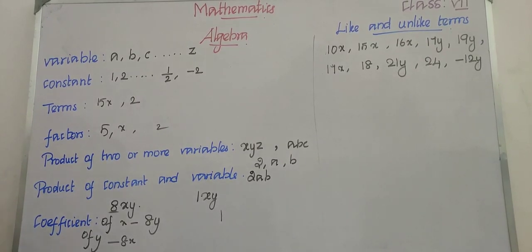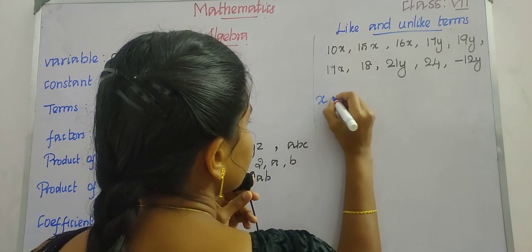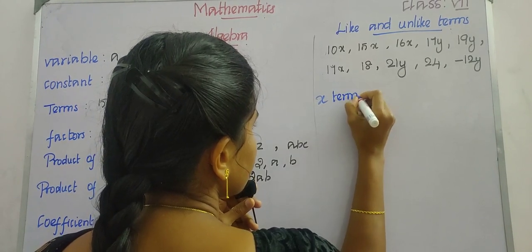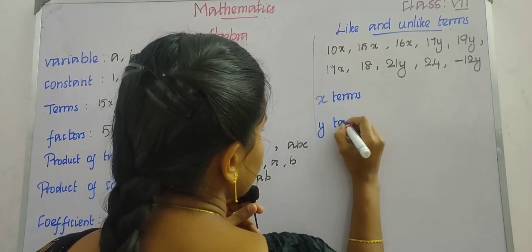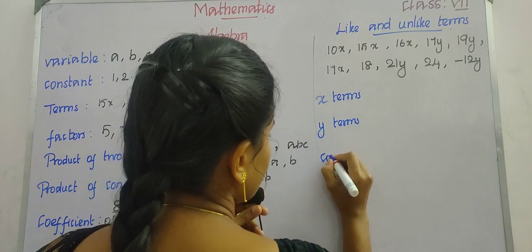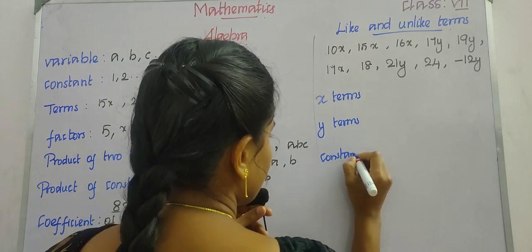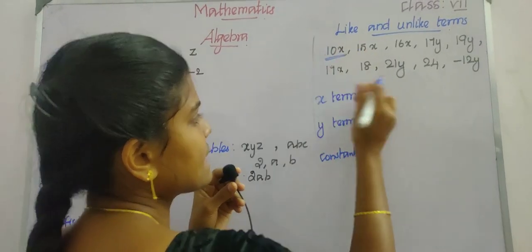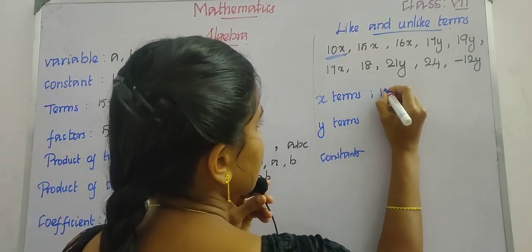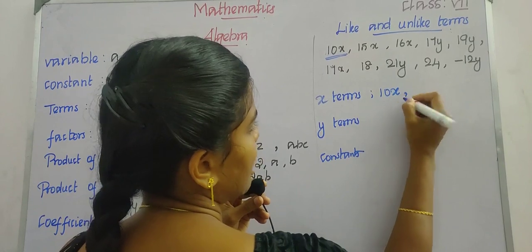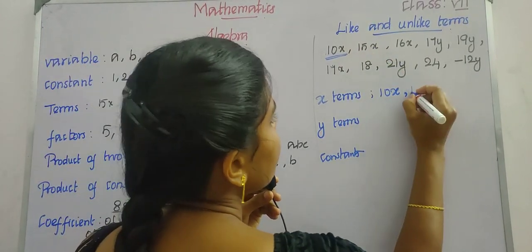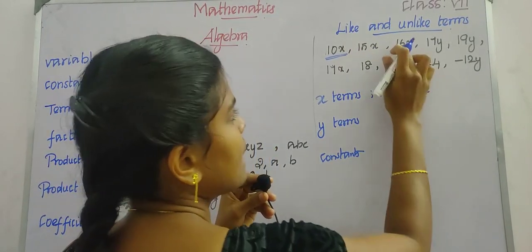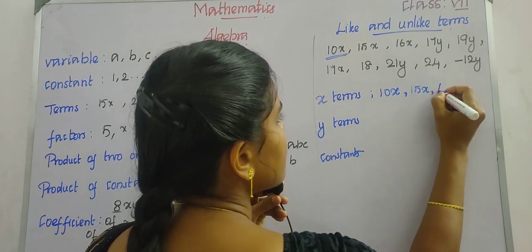Now x terms, y terms, constants. First of all we have 10x. 10x is the x term, right? So 10x, put a comma. And then 15x, it is also an x term. And 16x, it is also an x term.